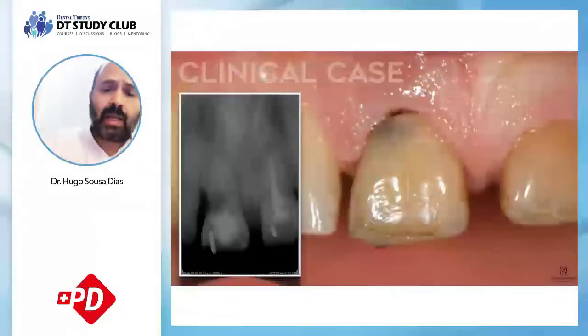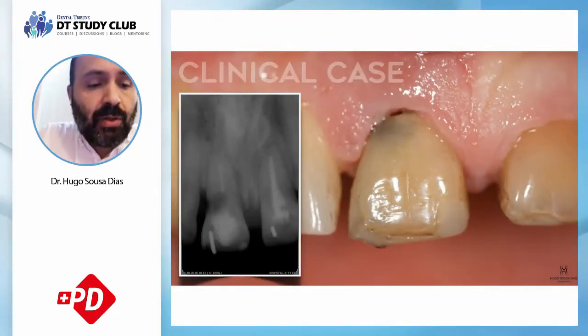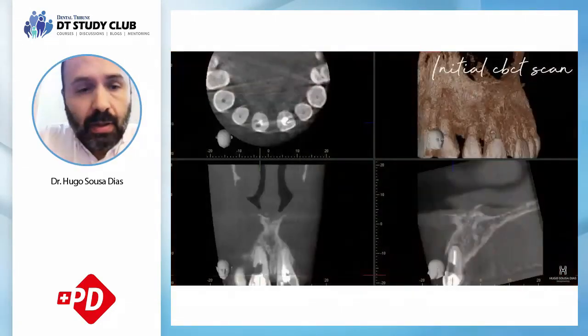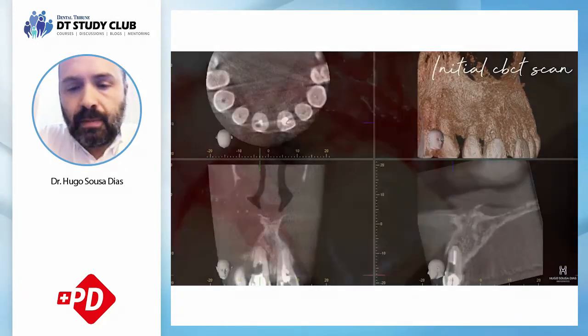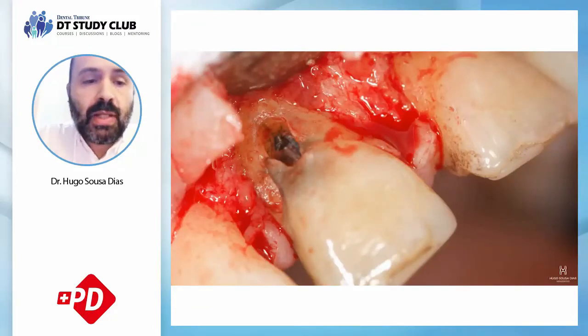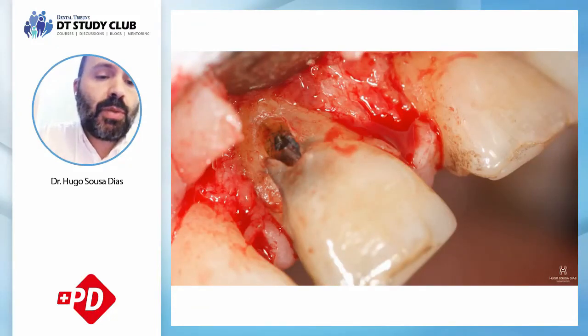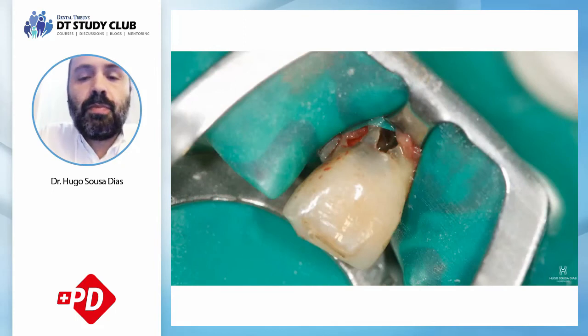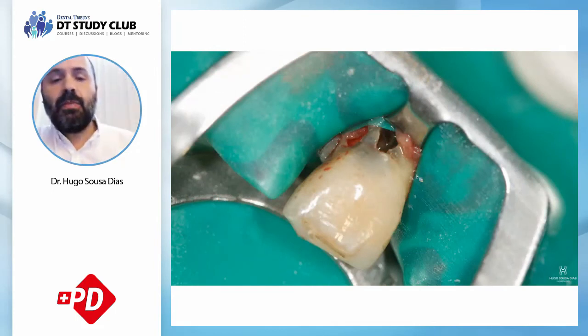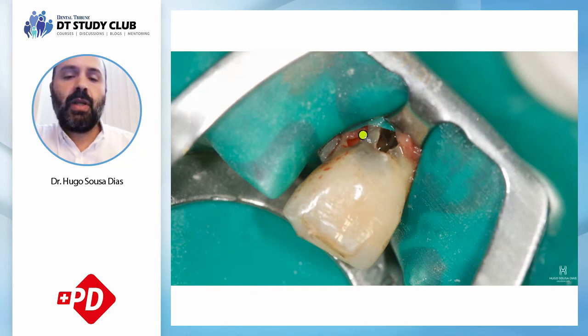Let's see this clinical case, cervical inflammatory resorption. There is a CBCT scan of this resorption. I do a surgical exposure of the resorption, put on the rubber dam, and the resorption is in this buccal and lateral area.